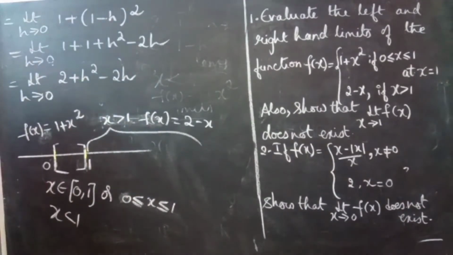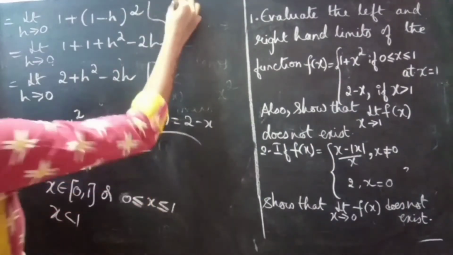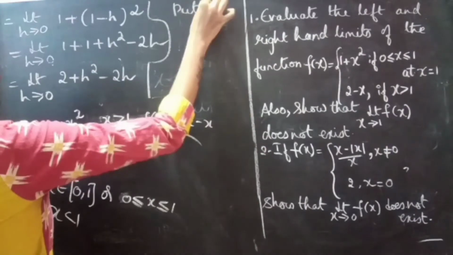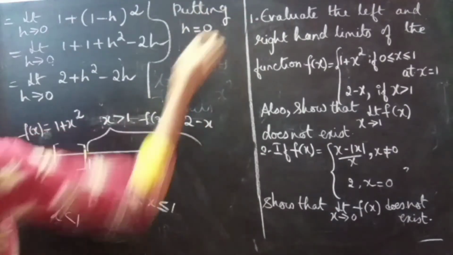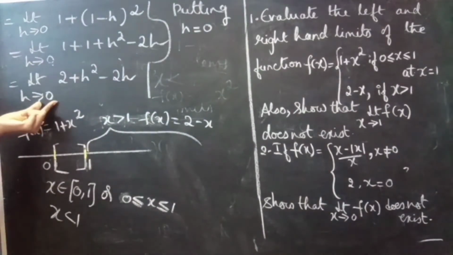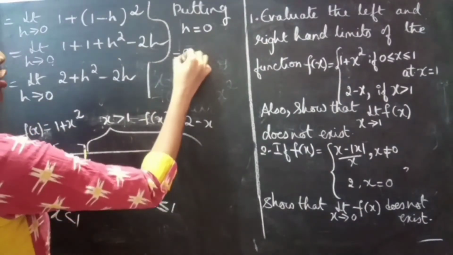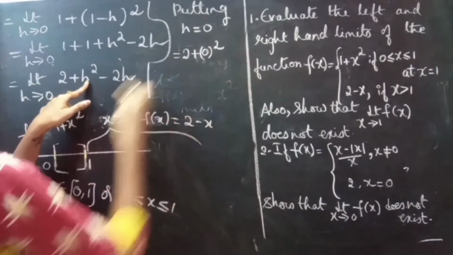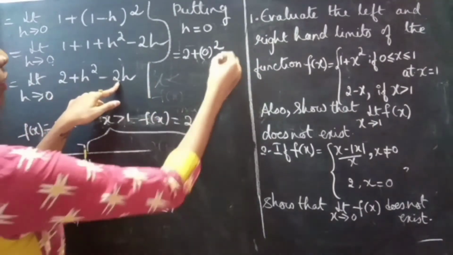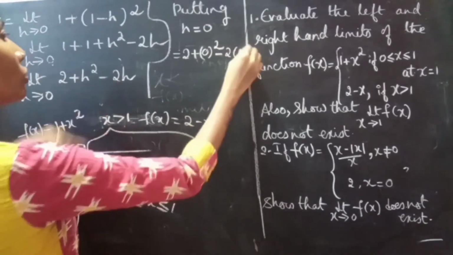Now, putting h equals 0. Putting h equals 0, you'll get 2 plus, in the place of h, replace 0. So 0 square minus 2 into 0.